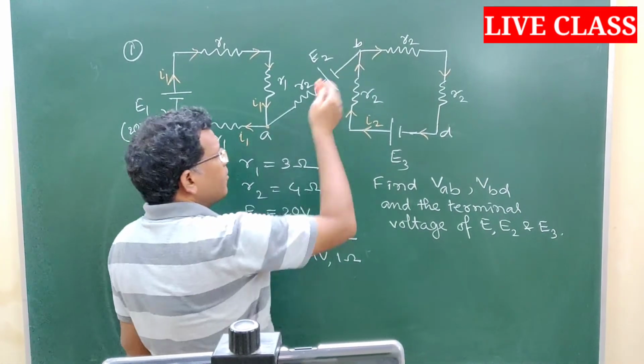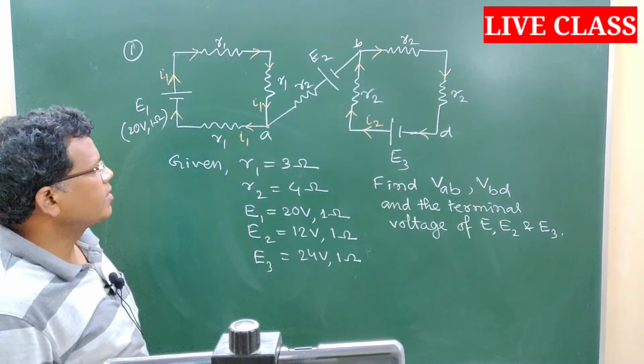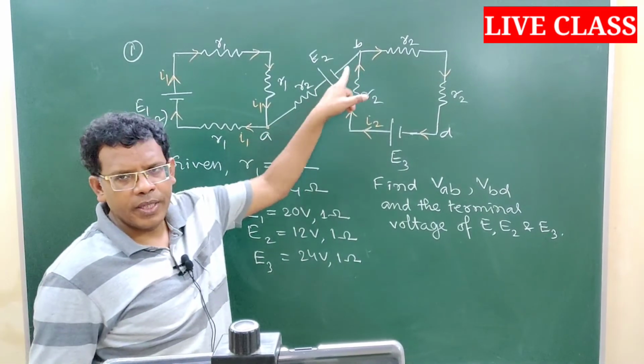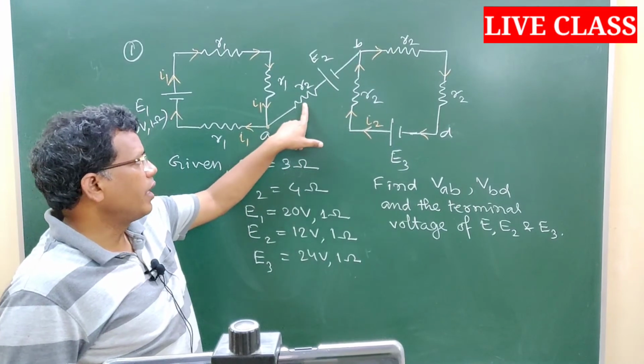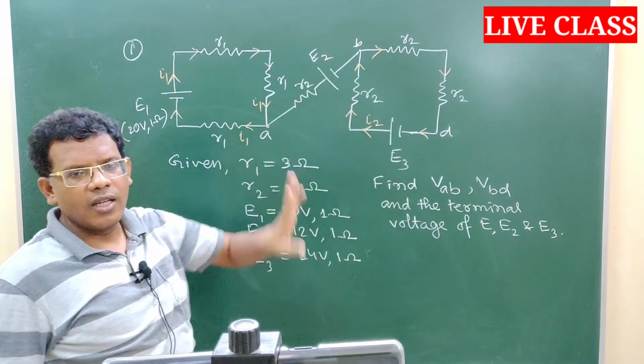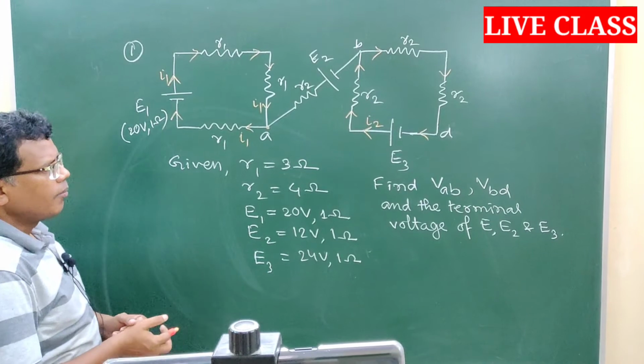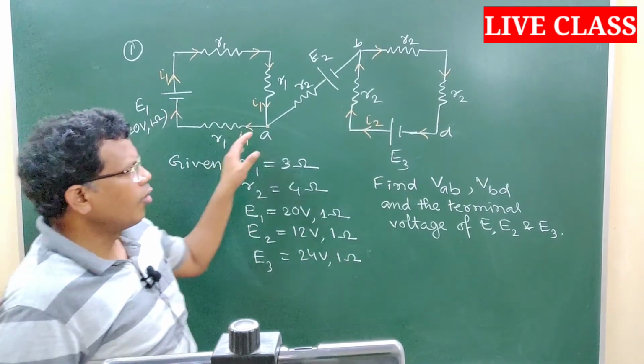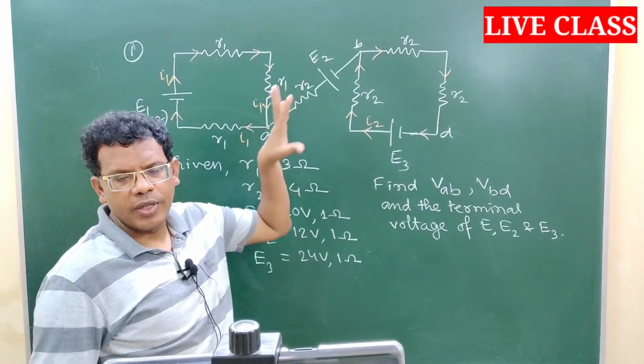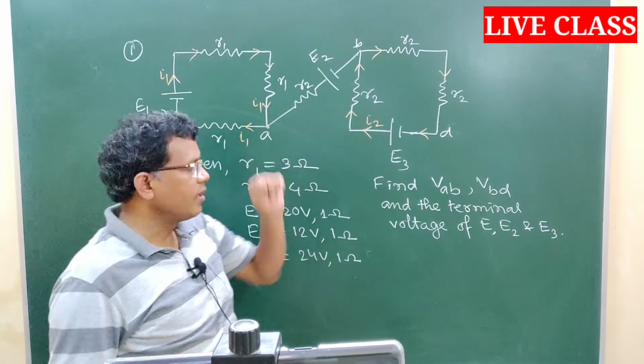No current can split at B. So in this junction from A to B, though there is one resistor and one battery shown, no current will flow through this branch between A and B.